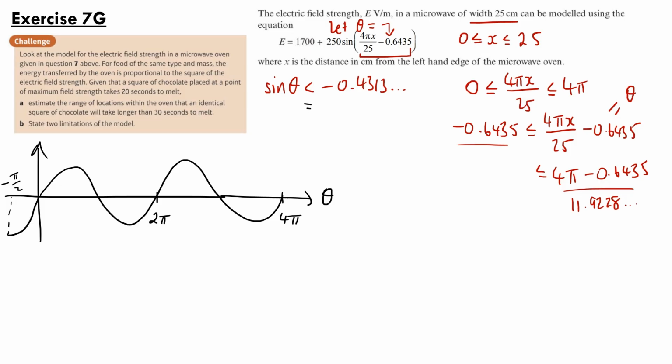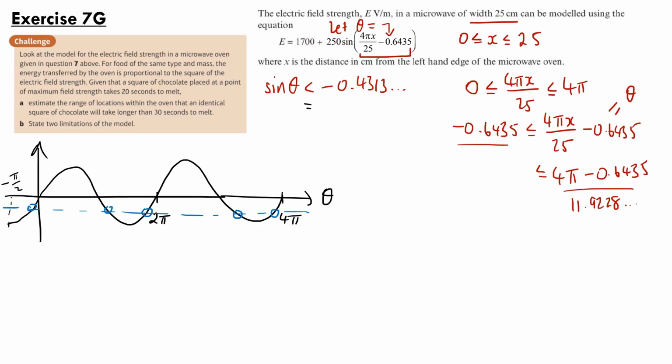Okay, first of all, to solve the inequality, we need to find where sine of theta actually equals minus 0.4313. So I'll draw that bit over there again, that was a bit poor. There we go. So minus 0.4313 is about there. Ignore the slightly slanted line, but that would be good enough for our purposes.